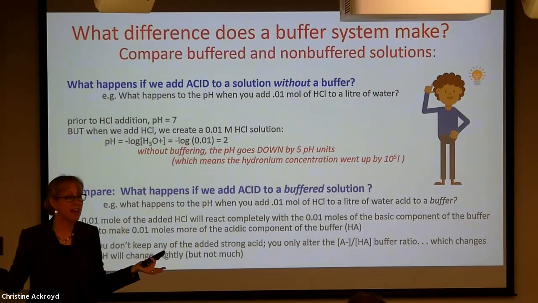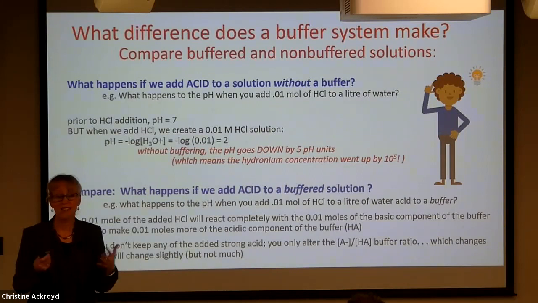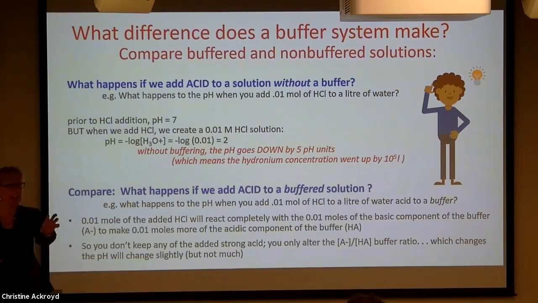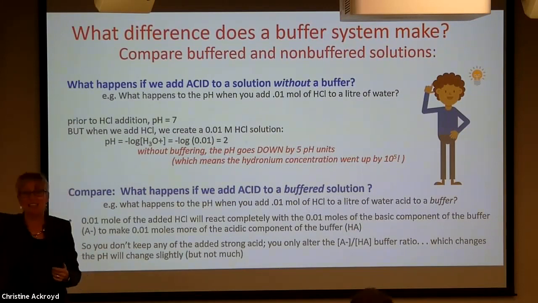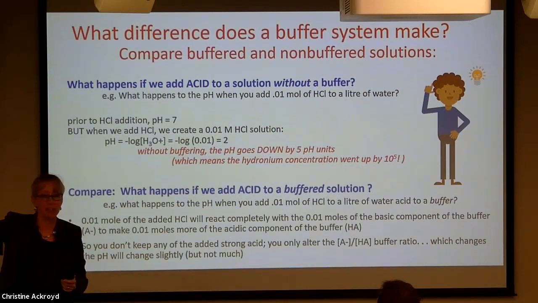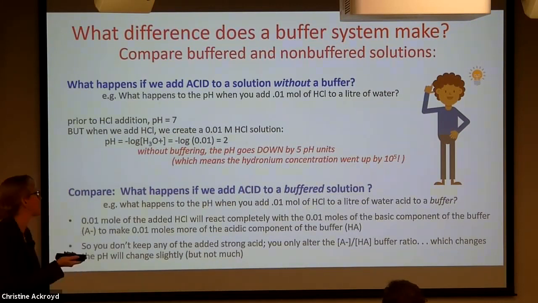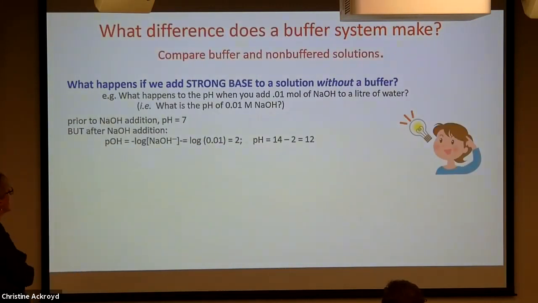How much effect does that have on the pH? Just a little. Essentially, what we're doing is taking that added acid and converting it to more of the acidic form of the buffer pair, which is a weak acid. So we just took our strong acid and funneled it into a weak acid, so it doesn't have very much effect. Okay, let's do it for adding a strong base.